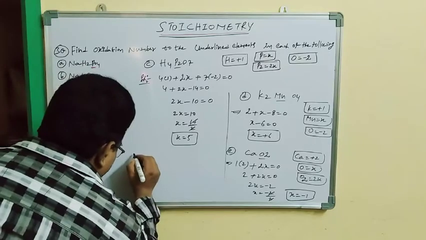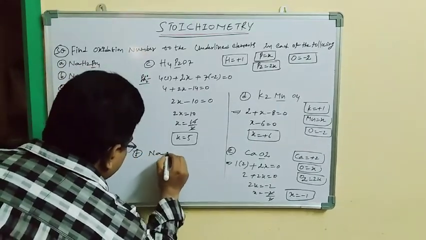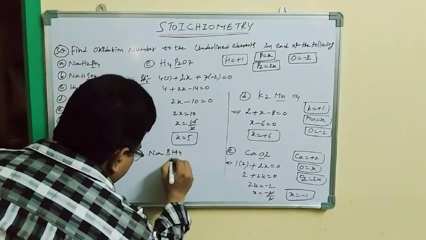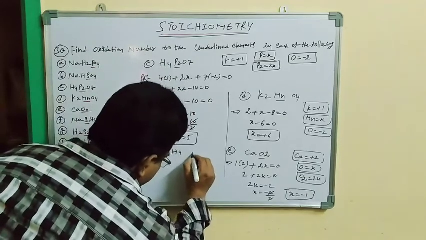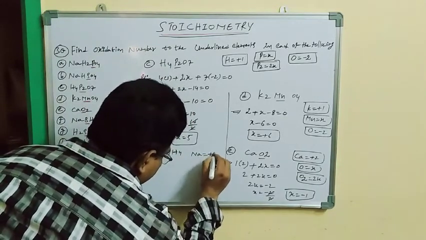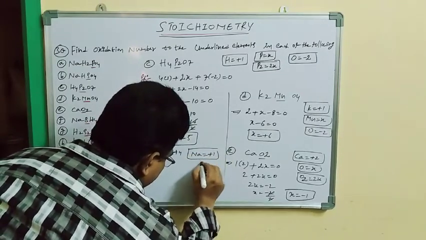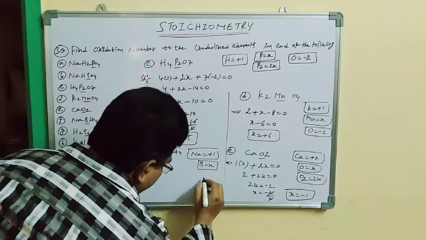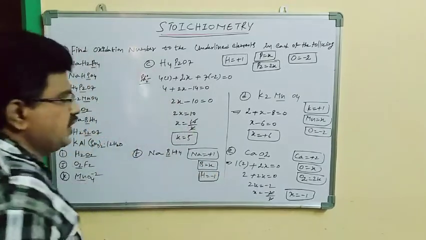Now NaBH4. I'm doing it here. In BH4, the underlying element is boron. Here we know the charge of sodium is +1. Boron we are finding, X. The hydrogen here is in this case hydride.